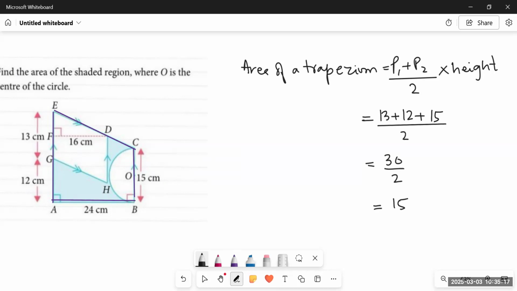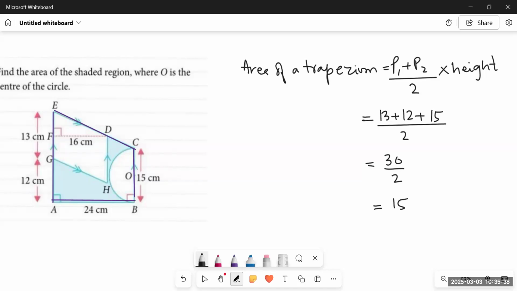Now, next, we have to find the height. We just find the distance between the two parallel lines in the form of a perpendicular line.